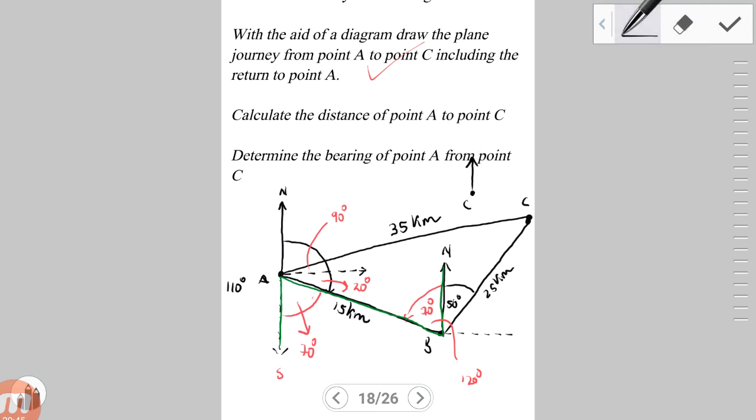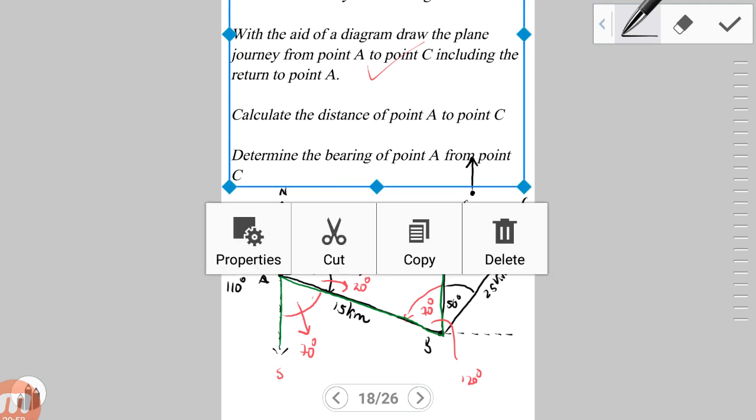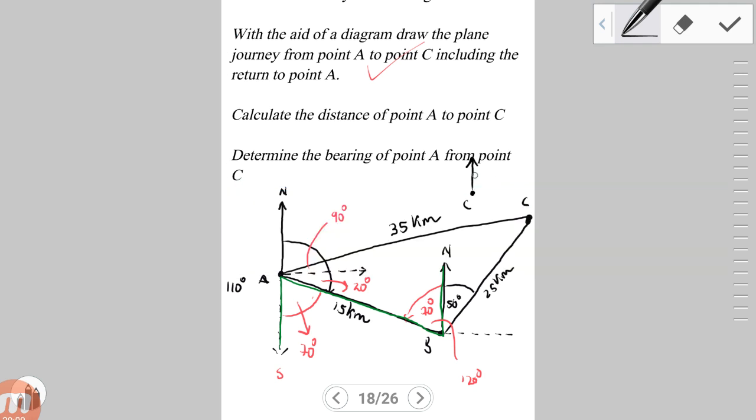And so when they say that they're looking for the bearing of point A to point C, what we're looking for is the bearing coming around from north all the way to the line. So here I'm going to come all around. Basically I have a north line here, if you can try to visualize.